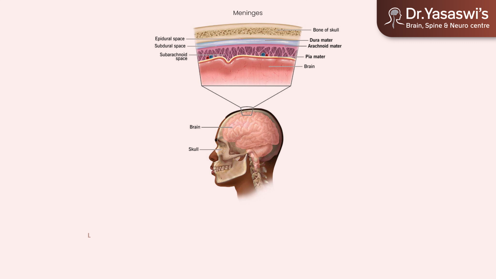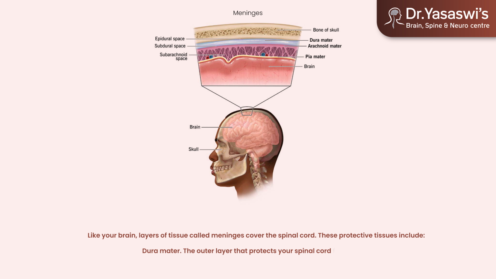What tissues and fluids make up the spinal cord? Like your brain, layers of tissue called meninges cover the spinal cord. These protective tissues include the dura mater, an outer layer that protects your spinal cord from injury. Arachnoid mater is the middle layer between the epidural and subarachnoid space. Pia mater is the inner layer that covers your spinal cord.